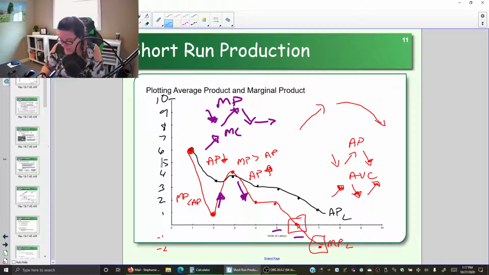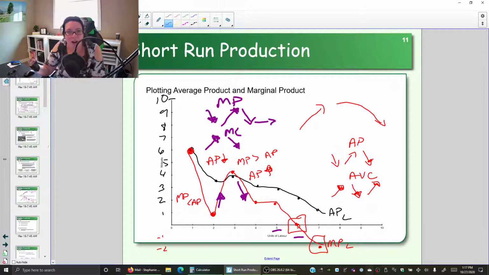When the extra worker adds more to the production, then the extra cost of the worker, the $5 we're paying them, gets spread across more units. So the extra cost to make one more item will go down. Notice when marginal product goes up, marginal cost goes down.